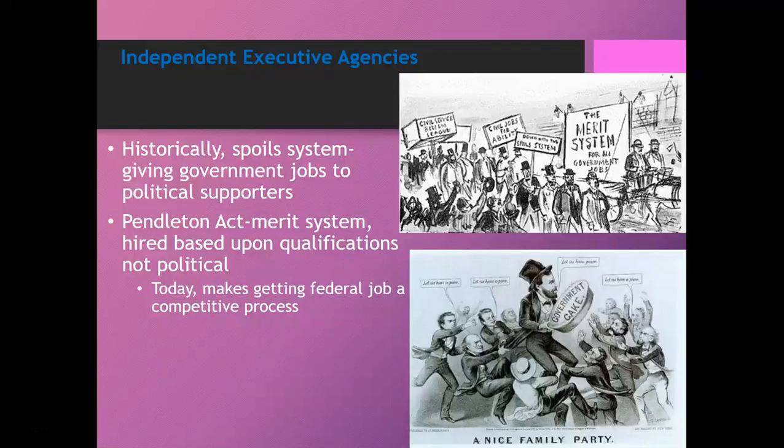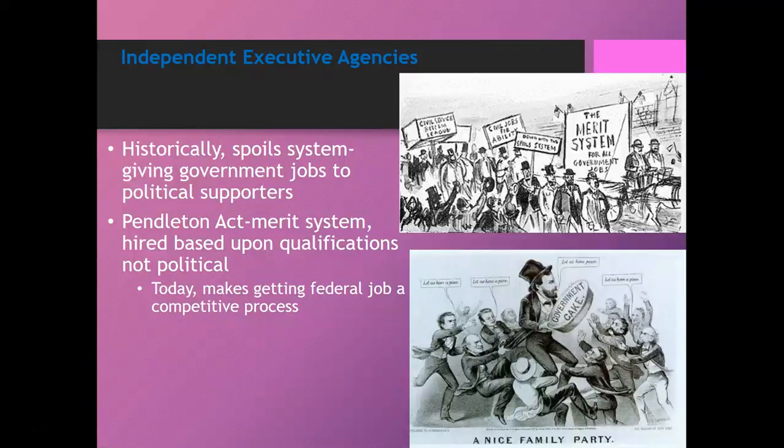What this means is a lot of federal jobs today are pretty competitive. Now, that's not to say that after people get the jobs, they're the most efficient employees, but to get a federal job under the merit system, there has to be some way of showing qualifications. This could be through a test, or through evaluation, from writing samples to giving people a certain task to accomplish.